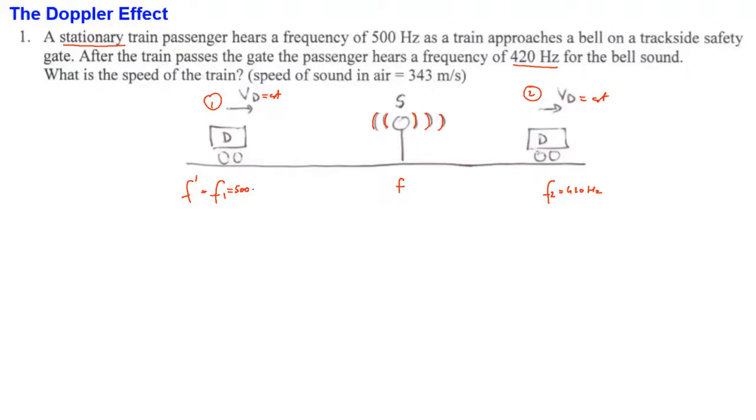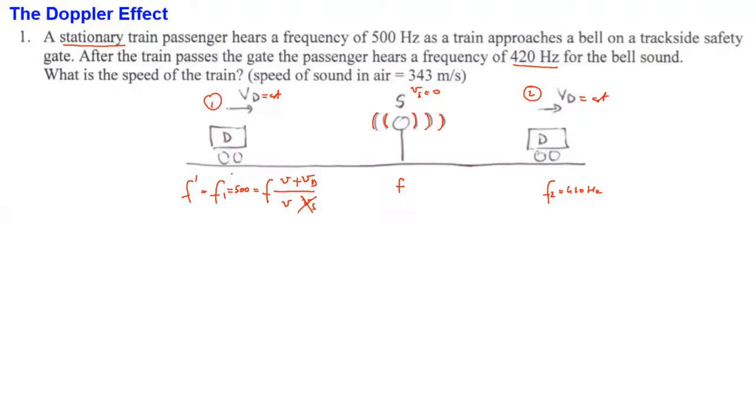So F1, which is 500, is equal to, I apply the formula for the Doppler effect, F times (V plus Vd) over (V minus Vs). By the way, Vs is 0 because the sound source is stationary. The bell is stationary, so forget about Vs here. Now here I will put a plus or minus. What do you think? I'll be putting a plus, of course, because I'm getting close to it.